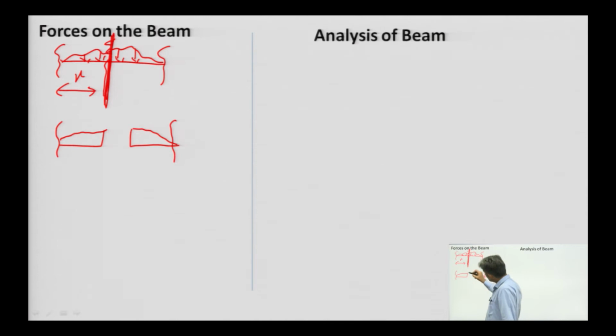So, at this section load is coming, load is there. Prior to making the cut at that point, suppose this point is C, that beam was in equilibrium.